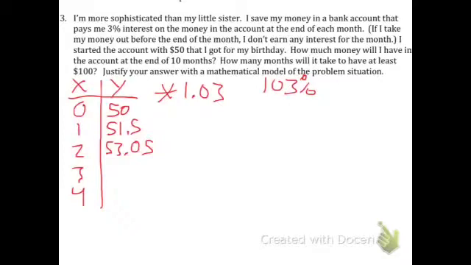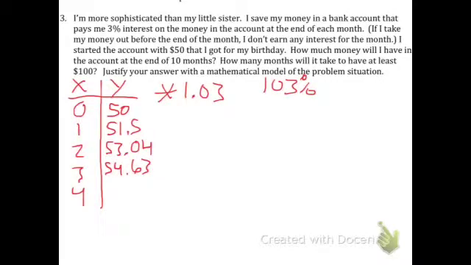Actually, you typically round it down because the bank doesn't want to give more money than they need to. And so you're going to take 53.04 times 1.03 to get the next step, which is 54.63.